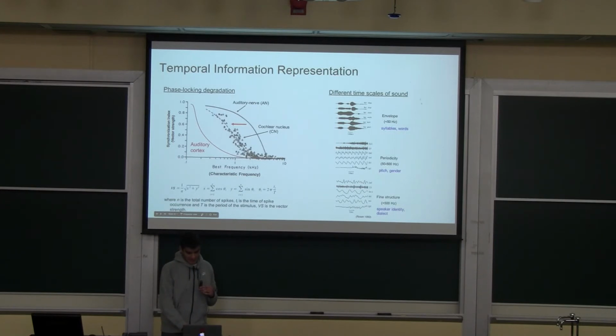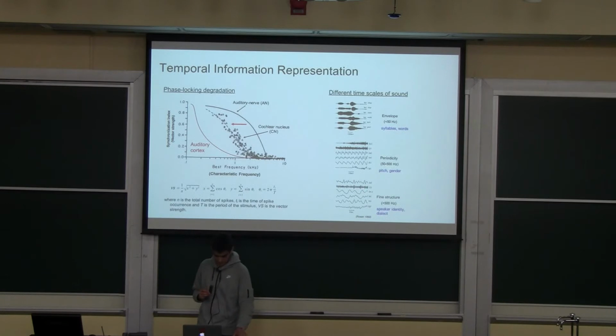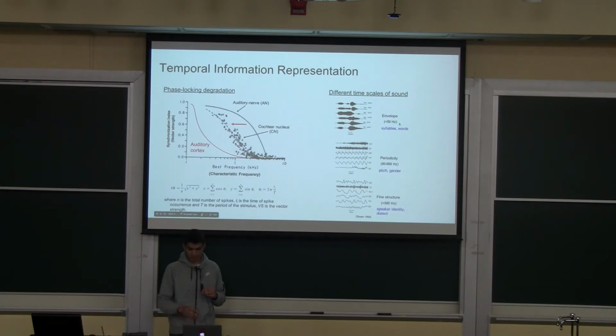Another key idea is that speech has very complex sound information, and you extract different features out of it based on the types of frequencies that make it up. The basic classification is this one he has here: below 50 hertz, for recognition of syllables and words, you have the envelope, and then periodicity, and then fine structure.